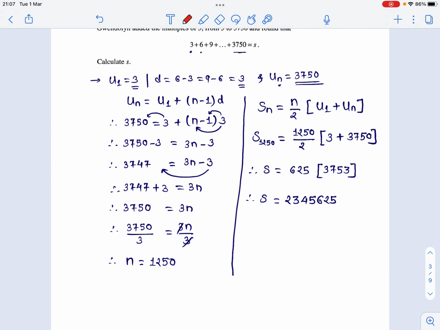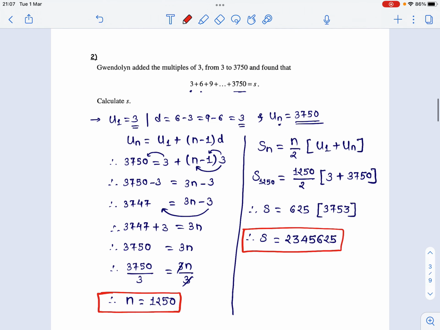So your final solution is equal to this one, and for that purpose you required n. This is a total 6 mark question, and you need to show all the working because we need to show all the steps.